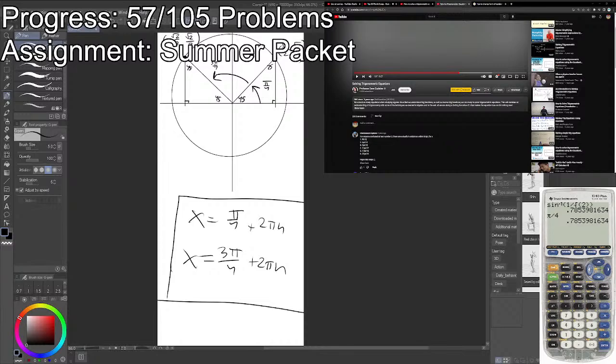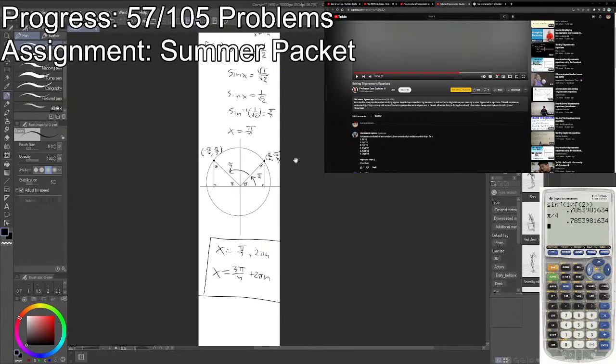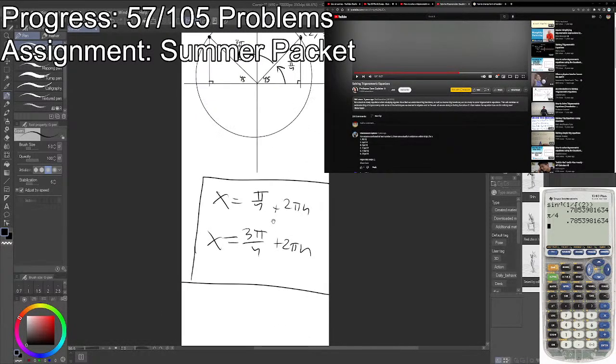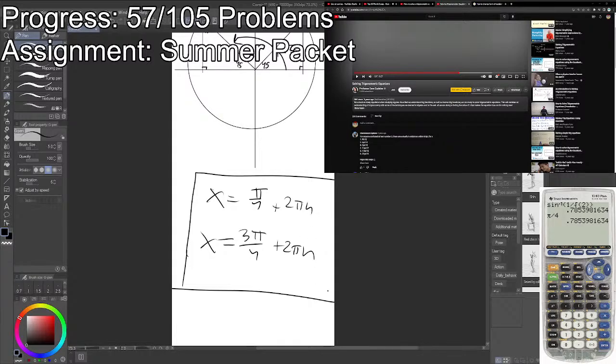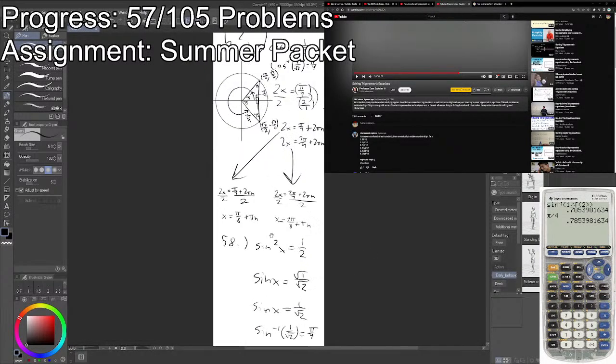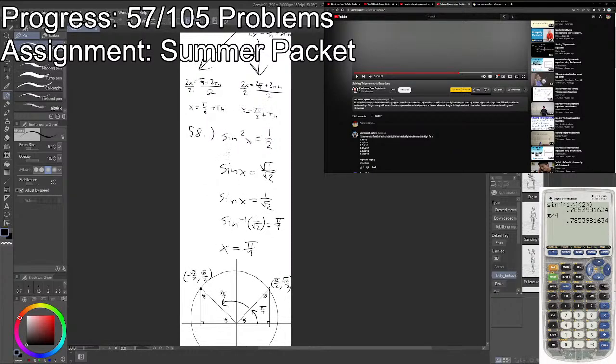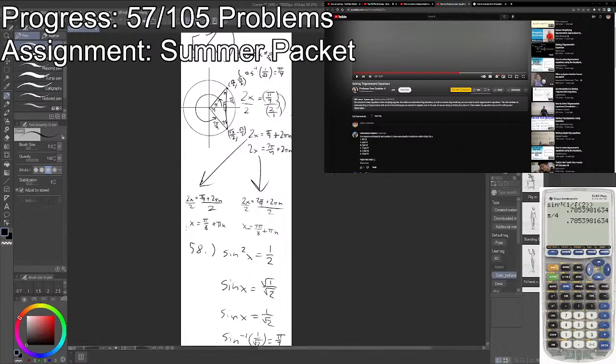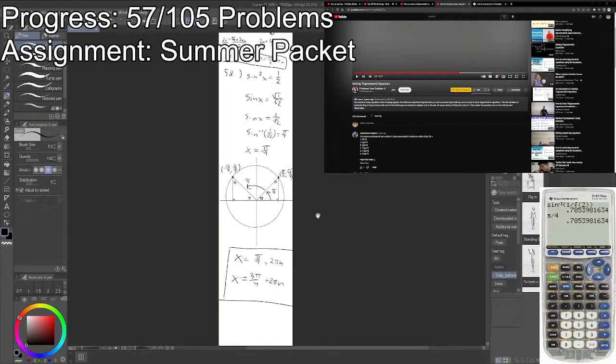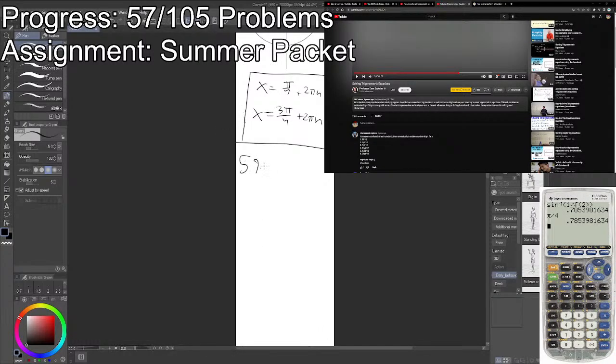Sadly. Another one of the double angles.